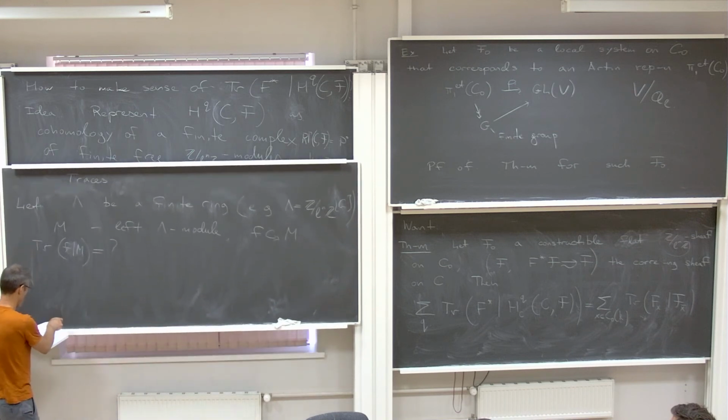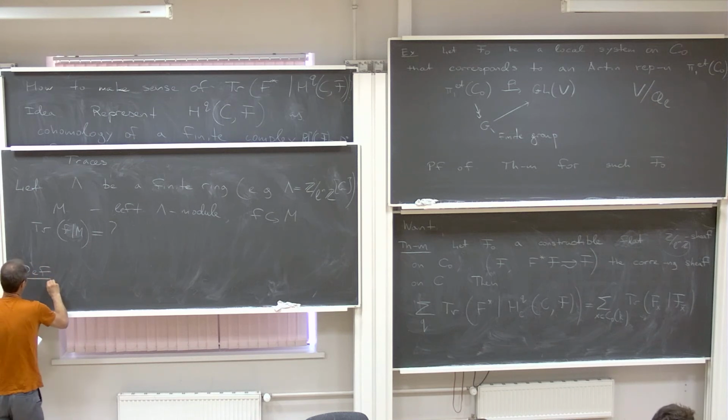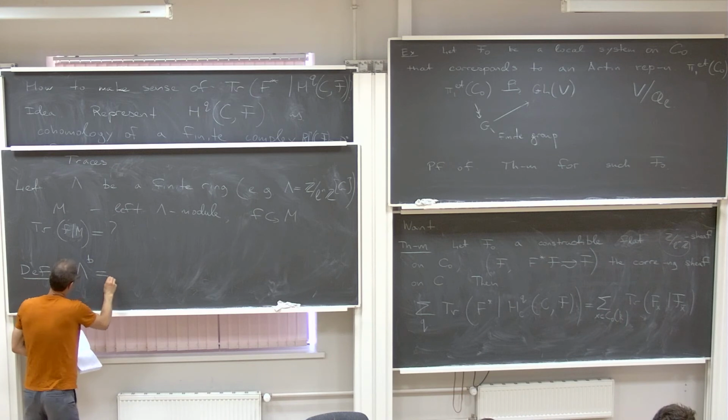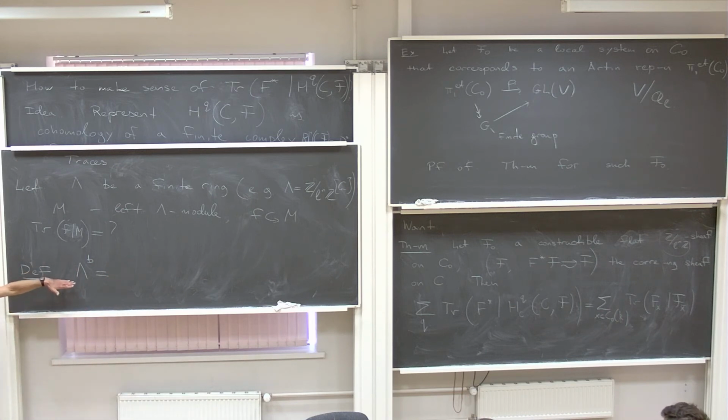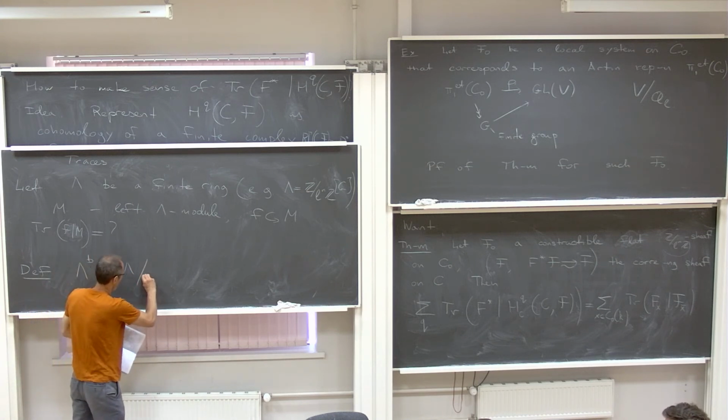Okay, so let's try to answer this. To start with, let's make a definition. Let's denote by Λ^♮ the zero Hochschild homology of this guy, which is the same as Λ modulo commutators.